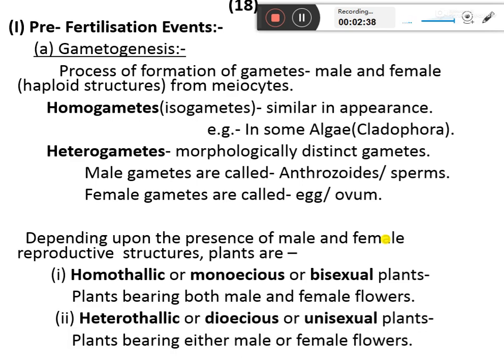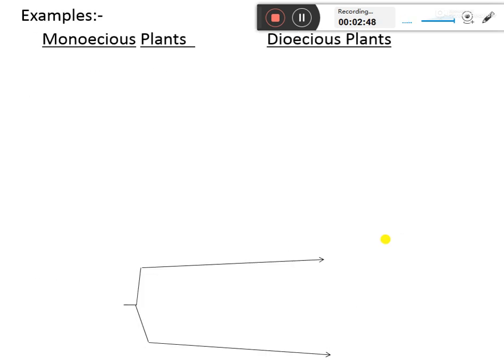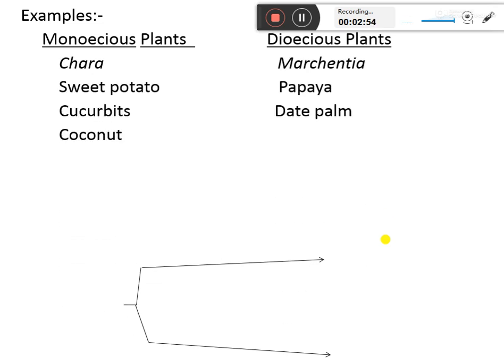While in the heterothallic or dioecious plants, one plant bears either male or female flowers. The examples of monoecious plants are Chara, sweet potato, cucurbits, and coconut, while Marchantia, papaya, and date palms are dioecious plants.